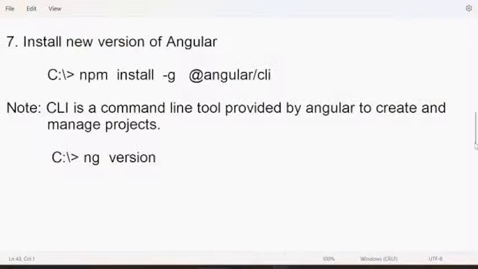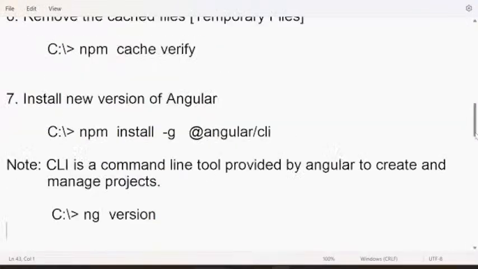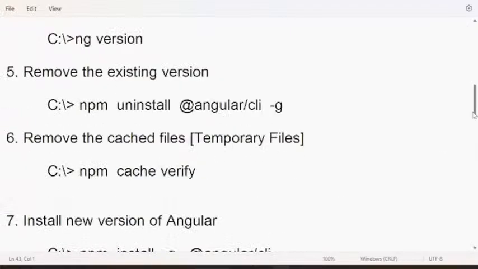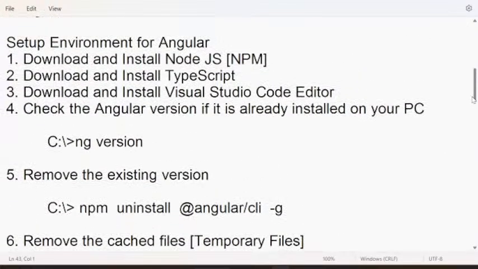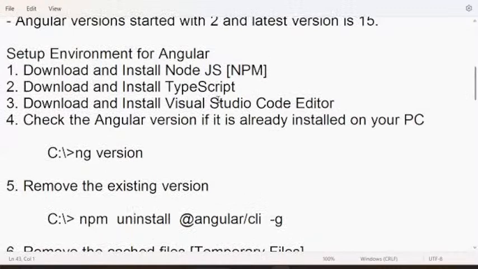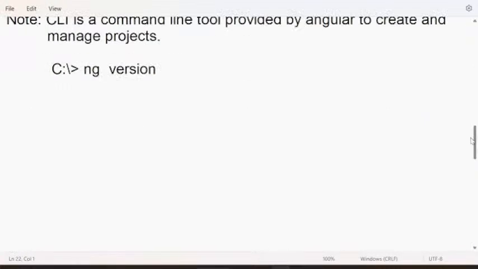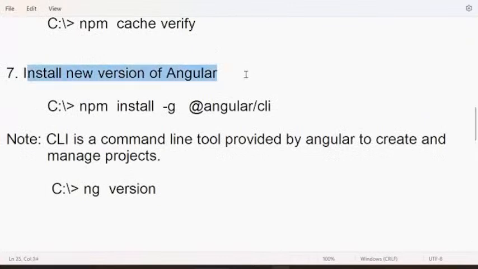If you are installing Angular for the first time, then you come from step 3 directly to step 7. Understood? That means after step 3, go directly to step 7 if you are using Angular for the first time. All these steps are for people who already have Angular.